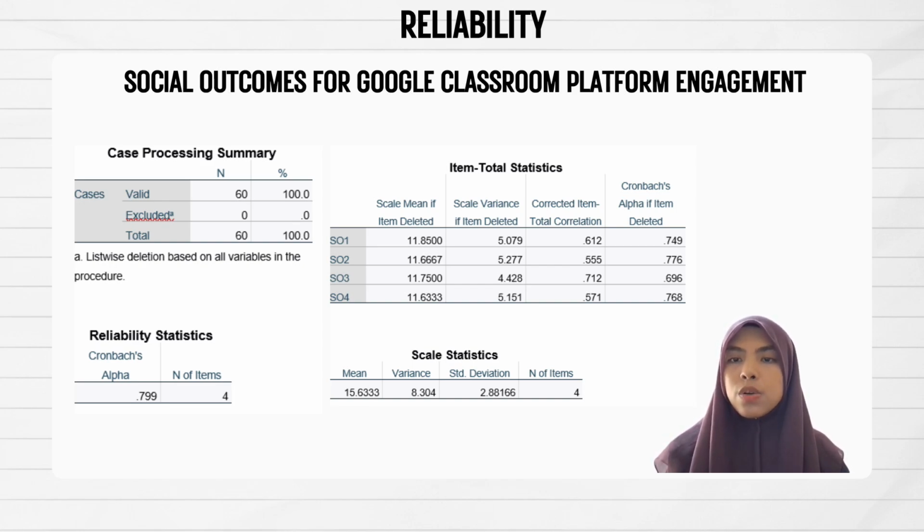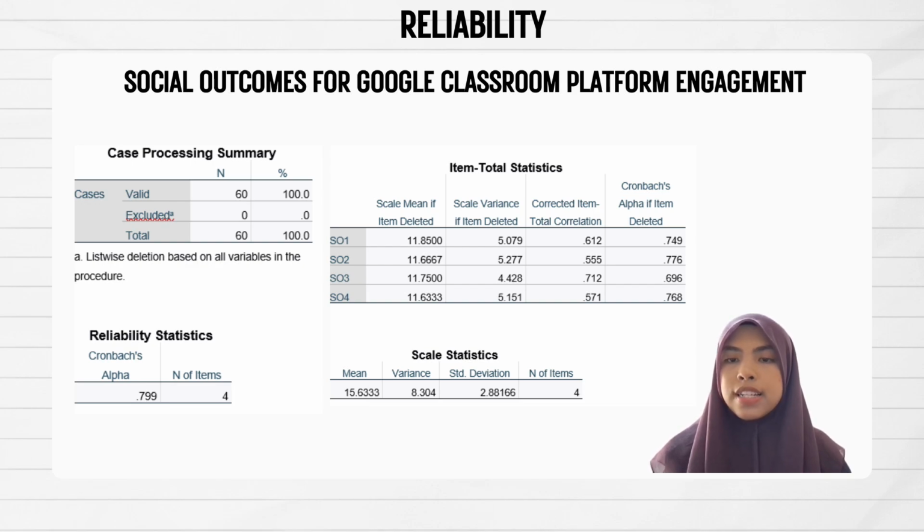However, removing SO2 will result in the largest decrease in reliability, as evident by the small Cronbach's alpha value 0.776 when SO2 is deleted. Conversely, removing SO3 has the least impact on reliability, with a Cronbach's alpha of 0.696 when SO3 is deleted.